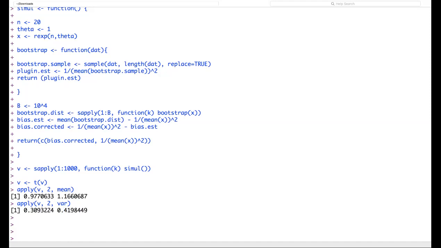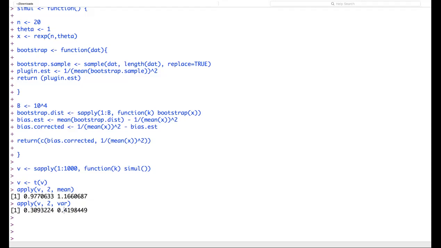The bias corrected one is underestimating it by 0.023. It's roughly about 8 times lower error compared to the uncorrected one, and also it has a smaller variance, which means in this case, applying the bootstrap correction is actually a good decision.